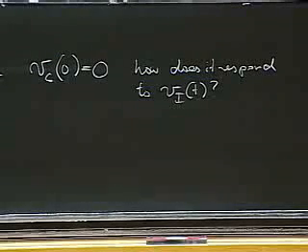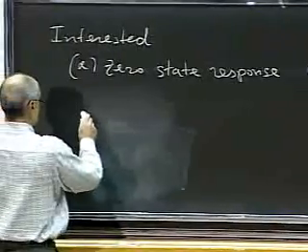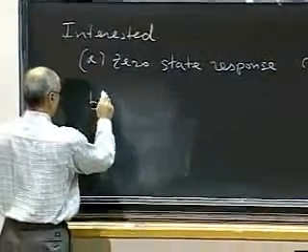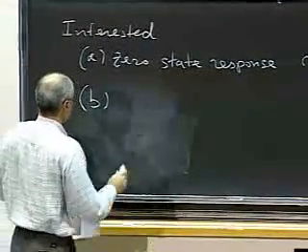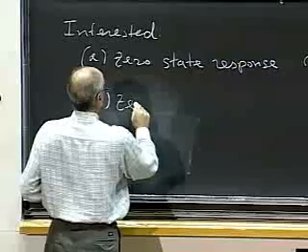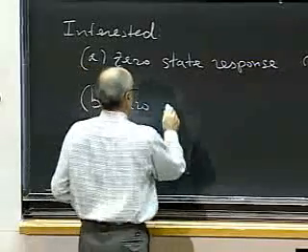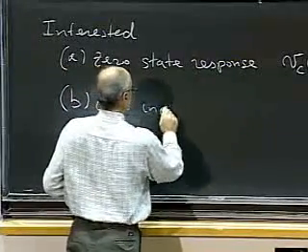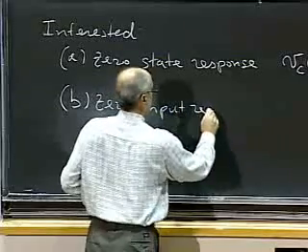It allows us to decouple the initial conditions from the response to the input. Now you will see that this is actually very useful. The second condition in which we're also very interested is the so-called zero input response.